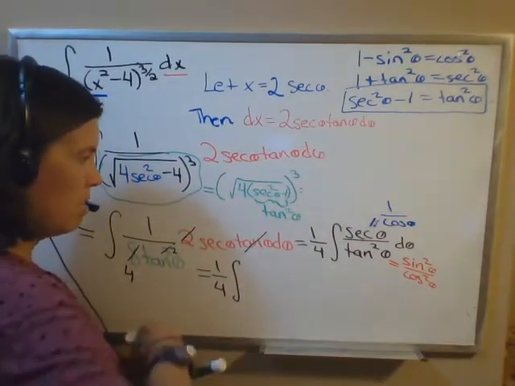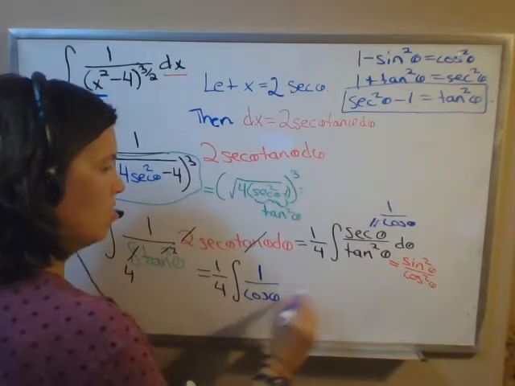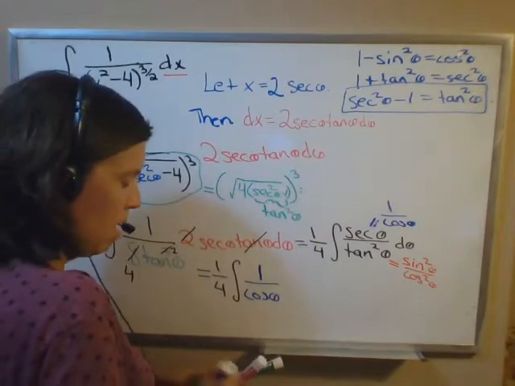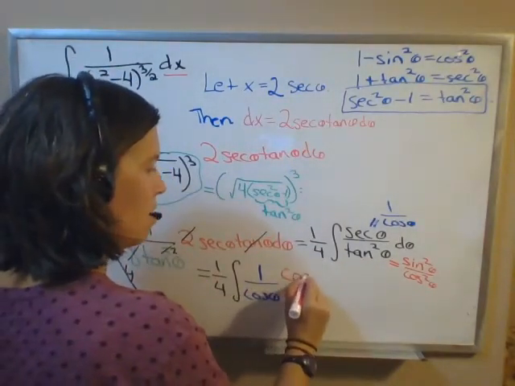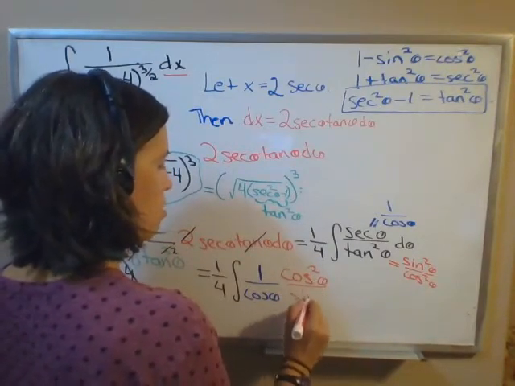So I'm going to write this as 1 over cosine theta times the reciprocal of what I've written in the denominator. I'm going to bring it up, flip it over, so this is times cosine squared over sine squared.